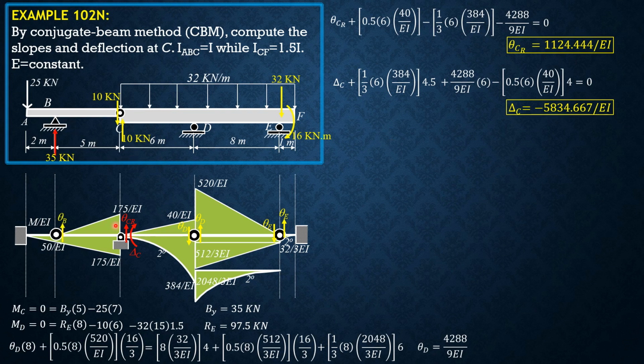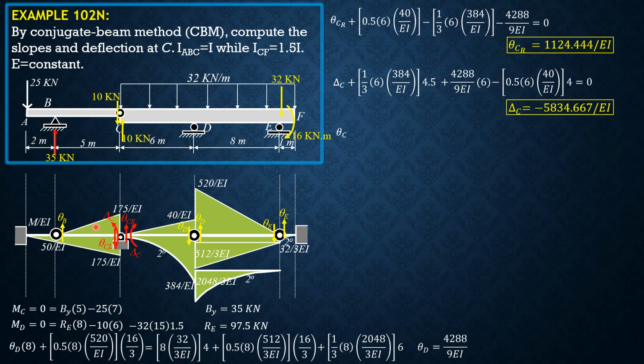Finally, let's consider BC. Let's transfer the values. So we have theta B, and here downward as positive, theta C left, and delta C counterclockwise because this is now the right section. To solve for theta C left, remember that this is trapezoidal loading between B and C. If we divide this into triangles, we have identical triangles.